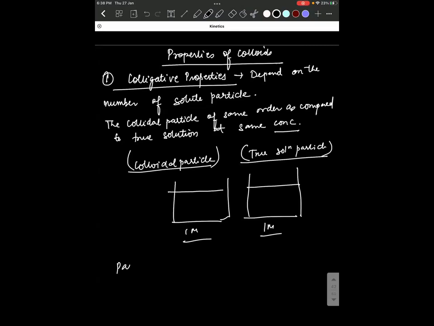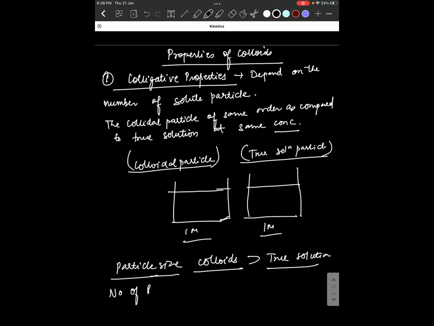because we know that particle size of colloidal particle is more than true solution particle, right? Yes. So can I say that number of particles of true solution will be required more than colloids to be filled in the same concentration? Yes, ma'am. Okay, so the number of particles for colloids will be less than true solution.